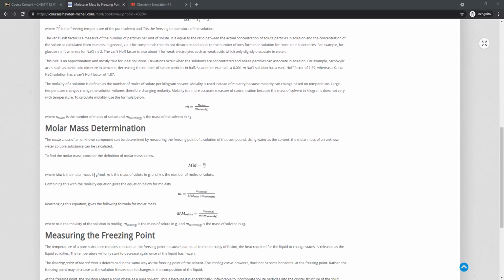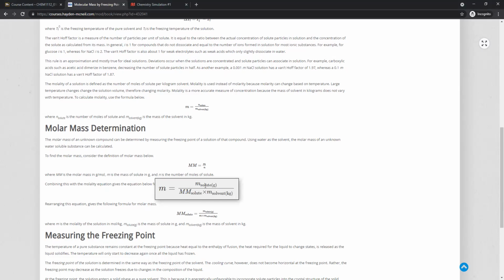So molar mass is always in units of grams per mole. We can then combine this with our molality equation as shown to see that molality equals mass of solute in grams divided by molecular mass times mass of solvent.